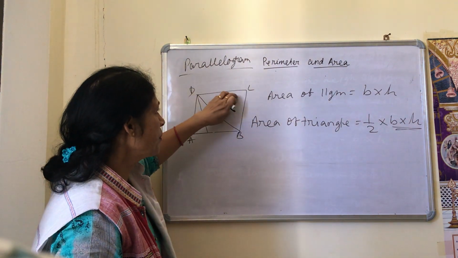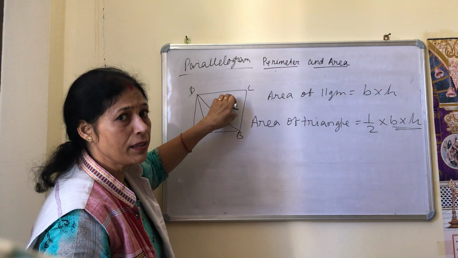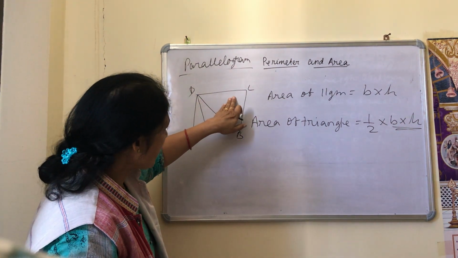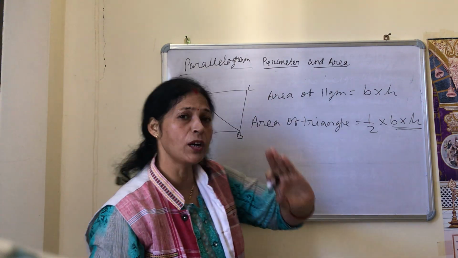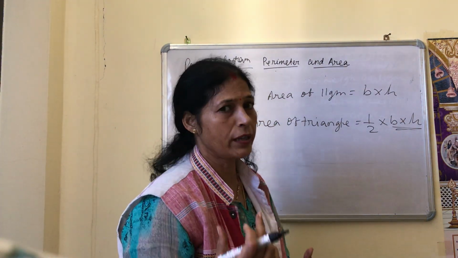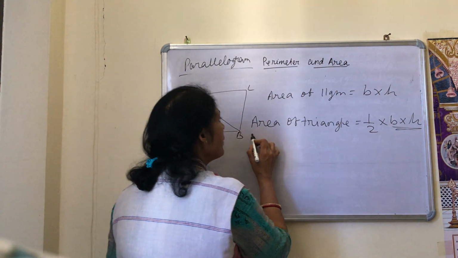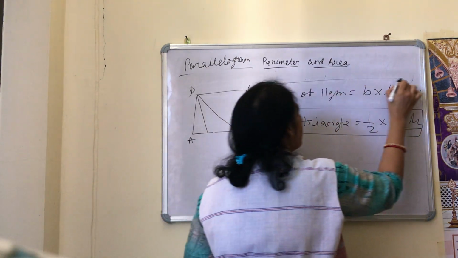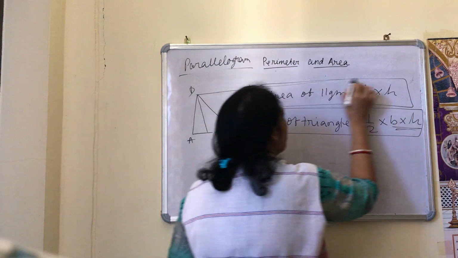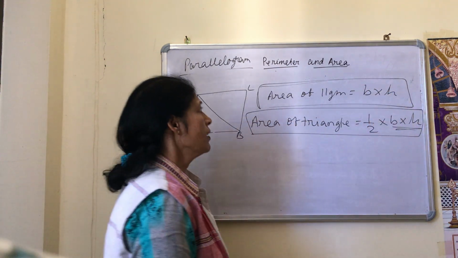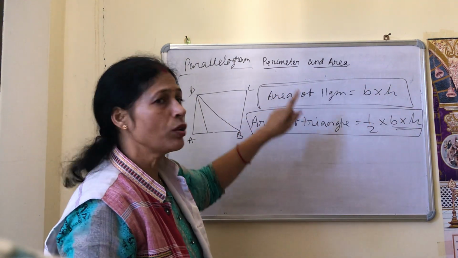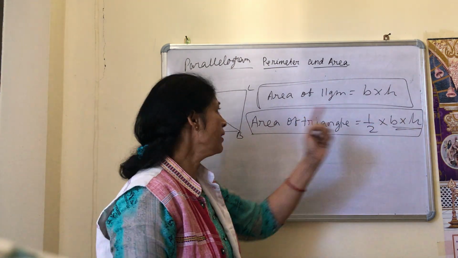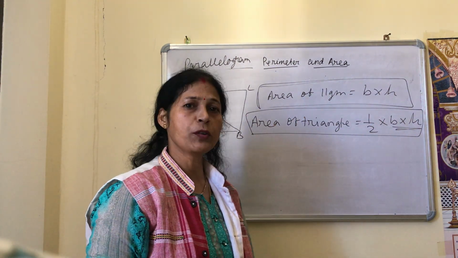So half of the parallelogram is one triangle. So area of triangle is half into base into height, and area of parallelogram is base into height. These are the two formulas you have to remember. Area of parallelogram: base into height. Area of triangle: half into base into height.